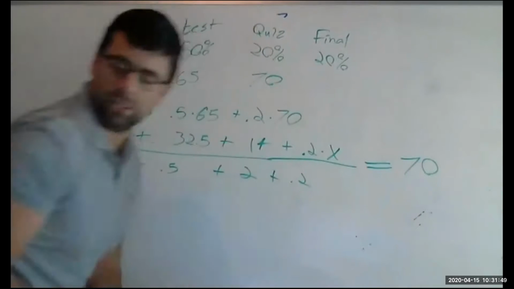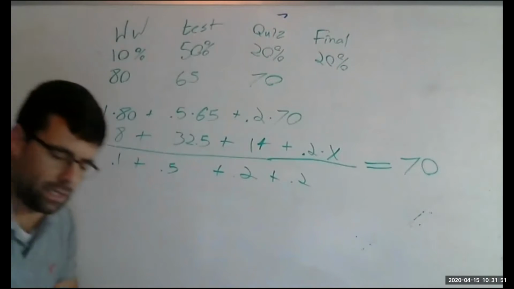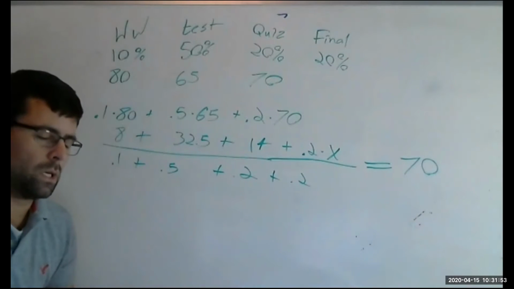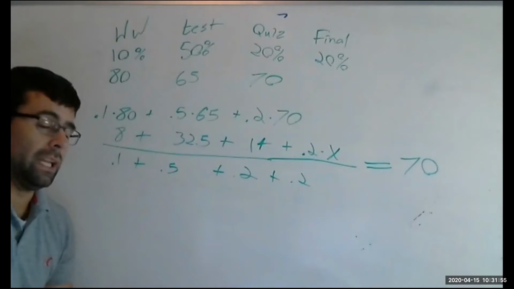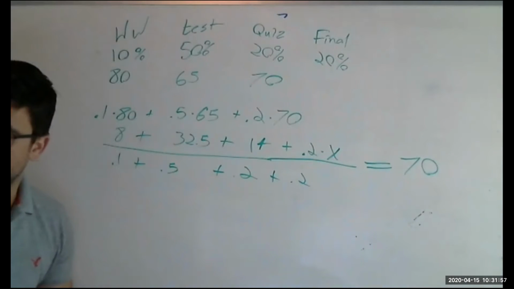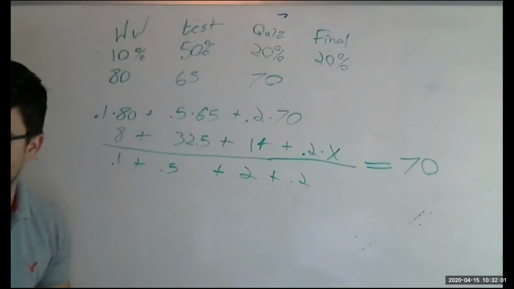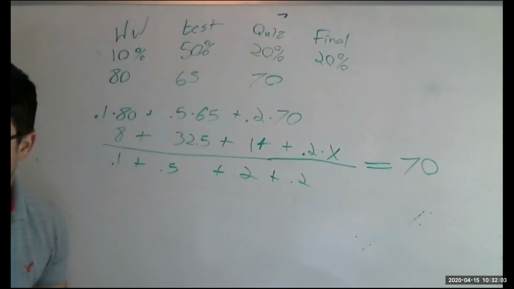You could set up an inequality like you had suggested previously, but for our purposes, we're looking for the minimum. So the idea is that you need to make at least this much to get the C that you so desire.